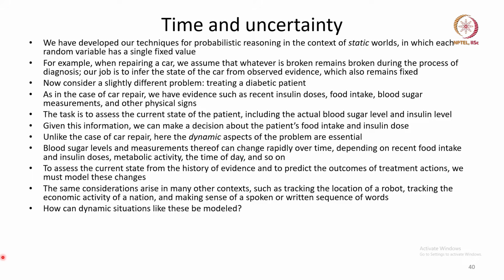In other words, all the random variables will take some fixed values, and when you take those fixed values, then you can model it by using this Bayesian belief network. So for example, in the example of repairing a car, our job here is to put all the variables which will be the evidence, and then we try to see what the dependencies are, etc., and do the Bayesian belief network.